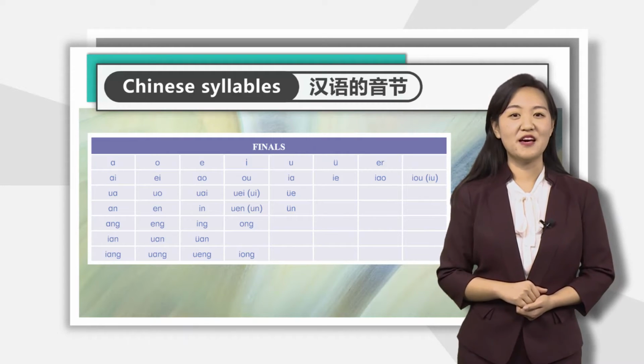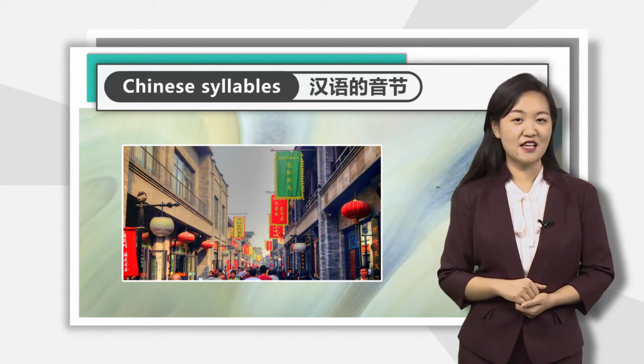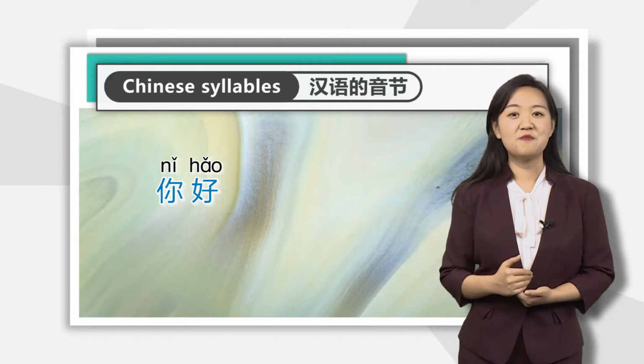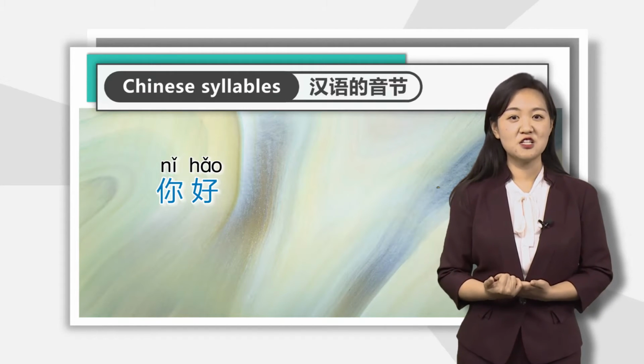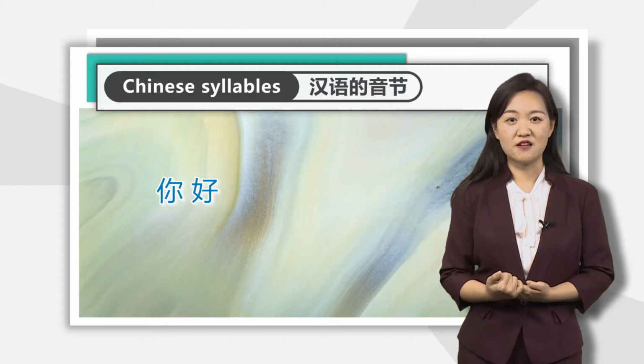But please be aware that the Pinyin system is not a writing system in Chinese. You can only see characters in the street. Therefore, we can use the Pinyin system to help us learn the correct pronunciation, but you should try your best not to depend on it and to memorize the characters.